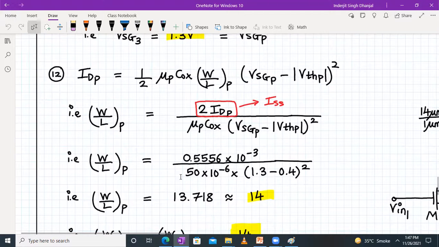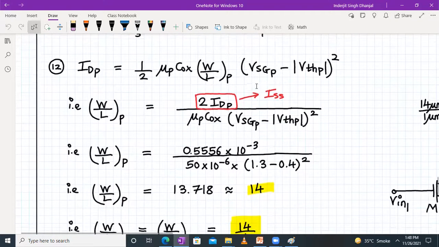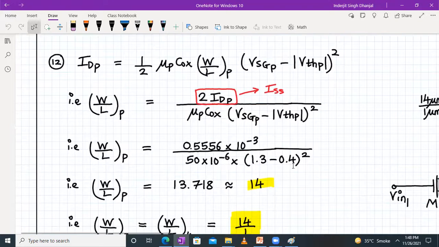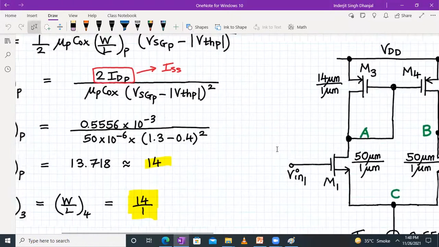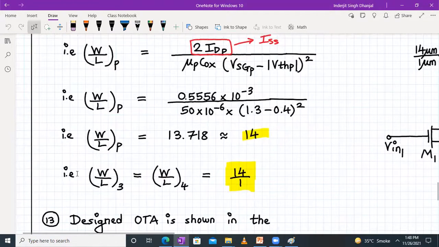Mu P Cox value is 50 micro. VSGP's value is 1.3 and mod of VTP is 0.4. Okay, so 1.3 minus 0.4 the whole square. If you work it out in a calculator, your W by L of PMOS transistors will be 13.718, which we can approximate as 14. So that means in your OTA, your PMOS transistors are M3 and M4. The W by L ratio for M3 and M4 will be 14:1.